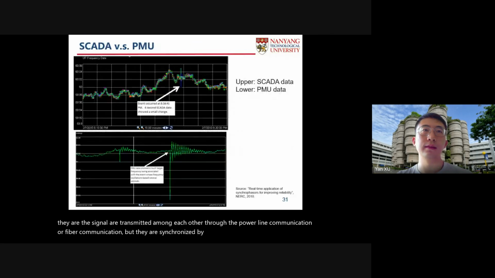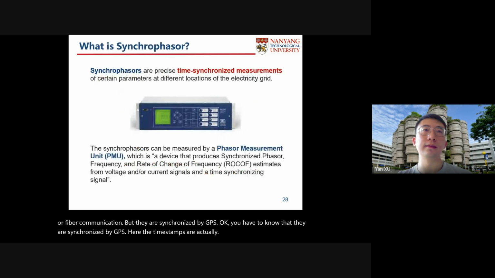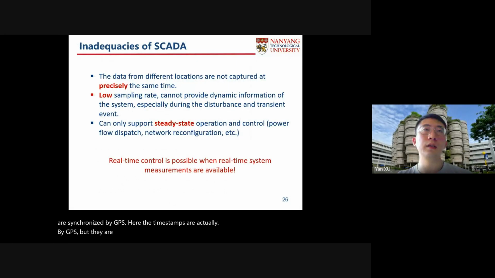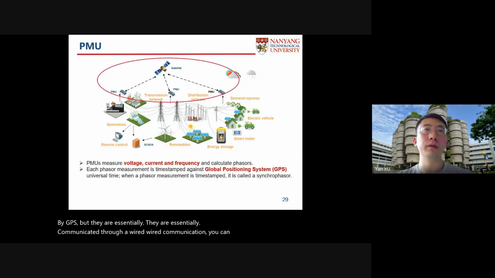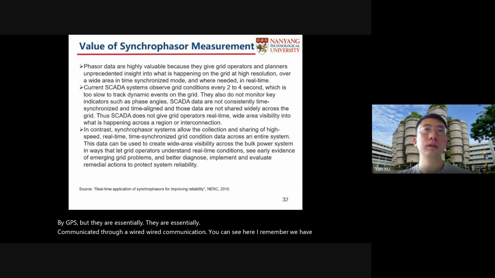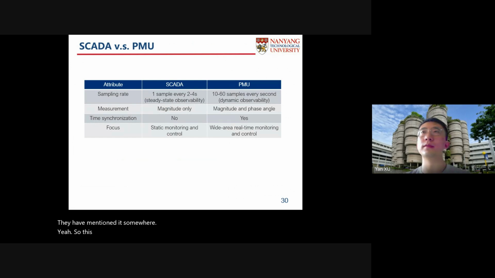You have to know that the timestamps are synchronized by GPS, but they are essentially communicated through wired communication. I remember we mentioned it somewhere. So the PMU measurement is communicated with wired communication.